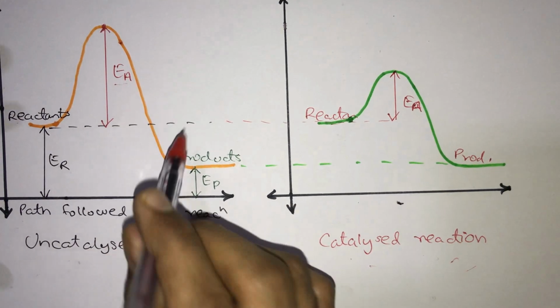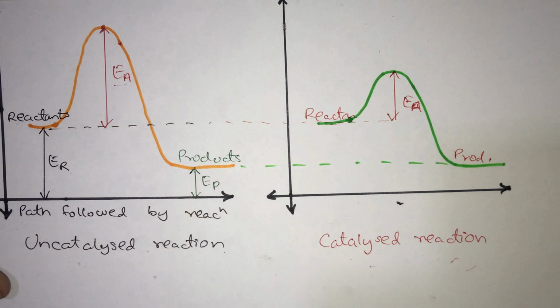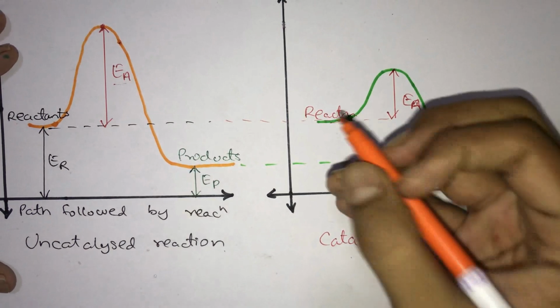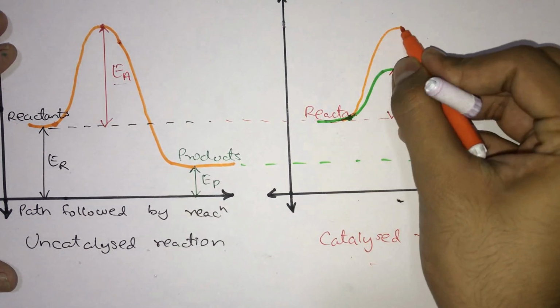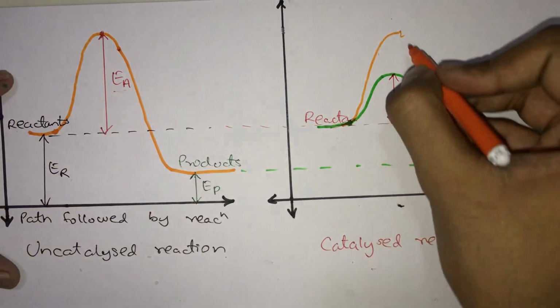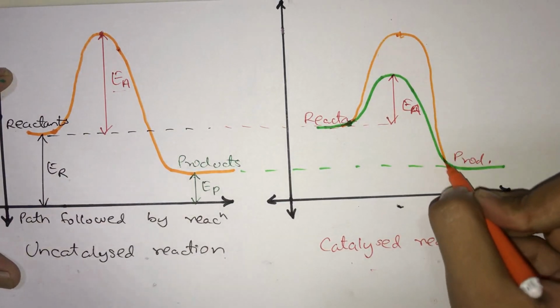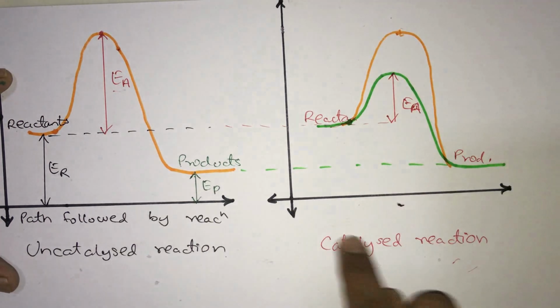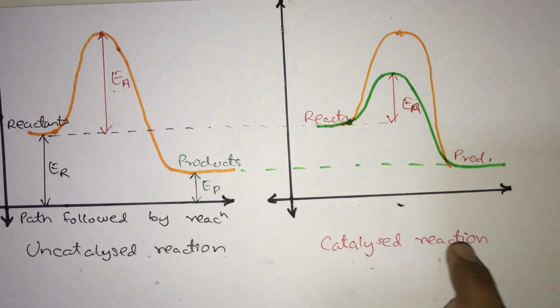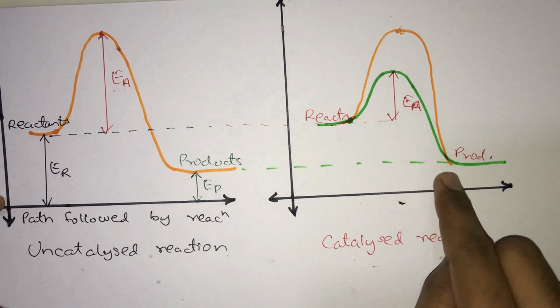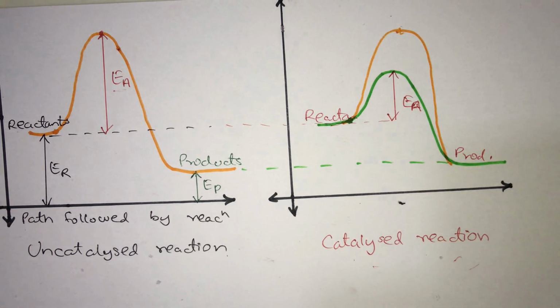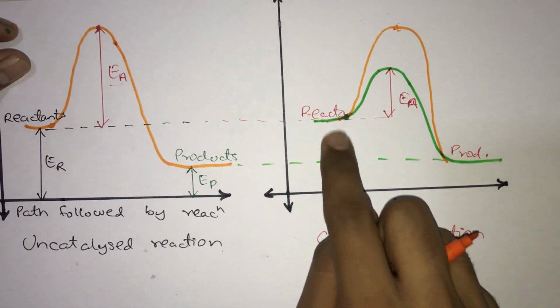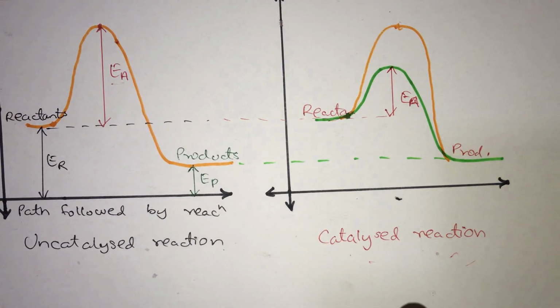See, this orange color path is going to remain as it is. Okay, so this is going to remain as it is. Nothing is going to happen to this path. Instead, now instead of going in this orange path, the catalyst is going to force the reaction to go in this green path which has less activation energy, and this is a major reason why the reactants get quickly converted into products.